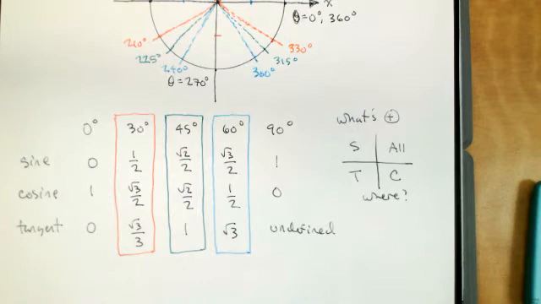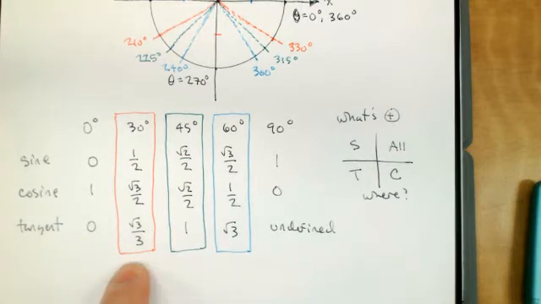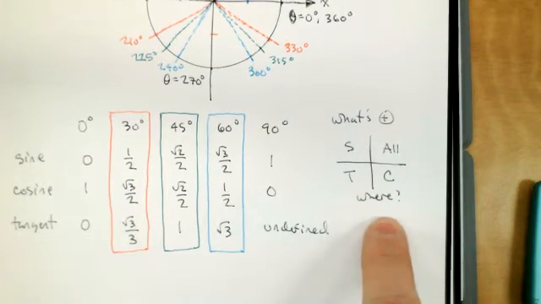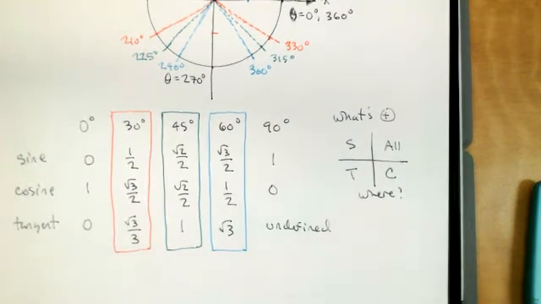So we can use this information to figure out the sine, cosine, or tangent of all of our angles with a 30, 45, or 60-degree reference angle. We get the value from what's going on in the first quadrant. We get the sign, positive or negative, from what's positive where. So it's just a combination of these 2 things.